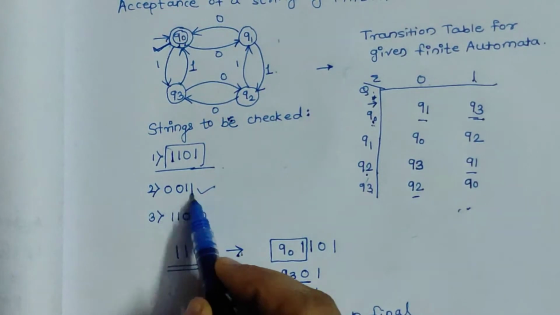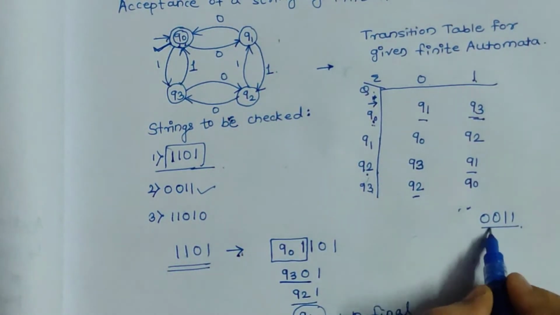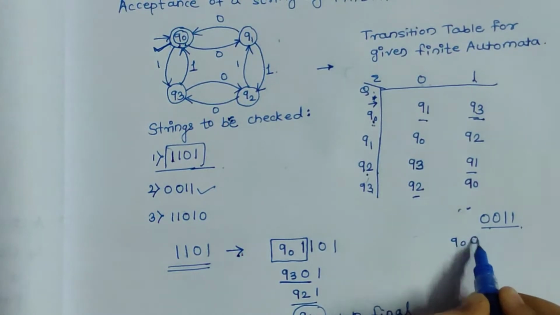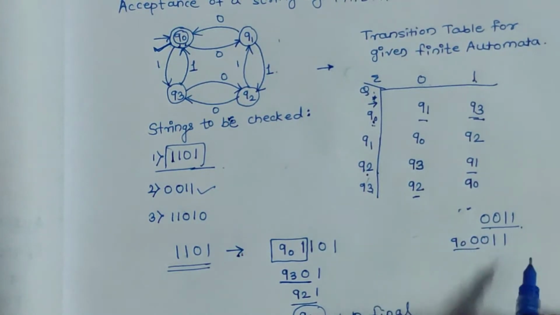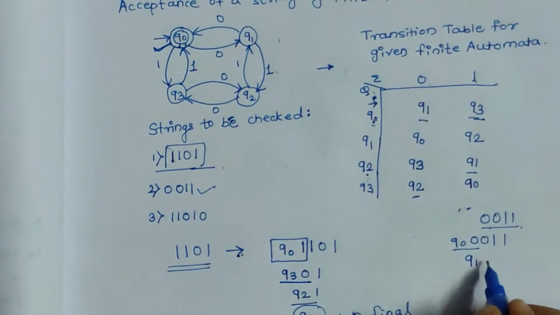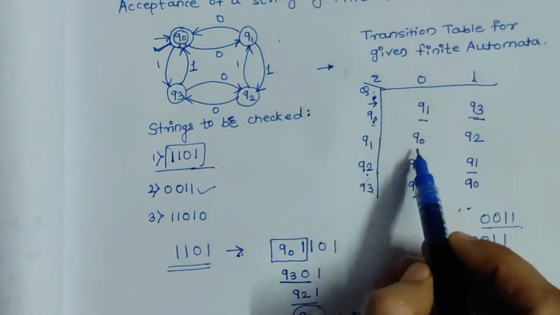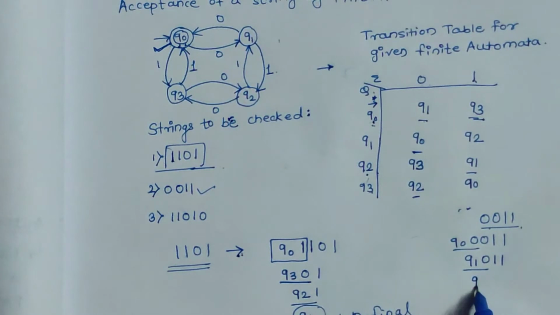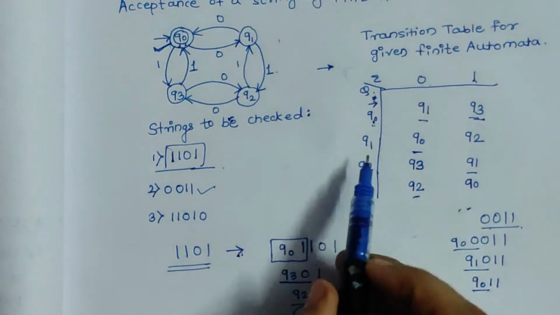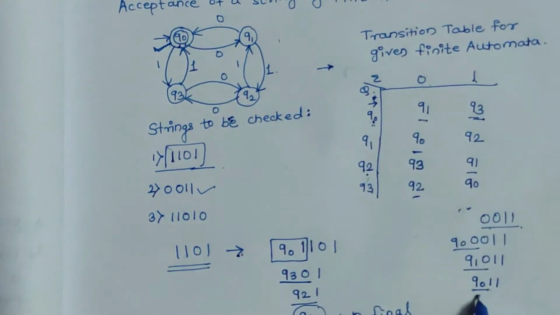Now we'll check the second string, 0011. Start with Q0 and 0011. If we provide 0 as input to Q0, we go to Q1 with remaining input 011. Now if we provide 0 as input to Q1, we go to state Q0, with remaining input 11. Now if we provide 1 as input to Q0, we go to state Q3.